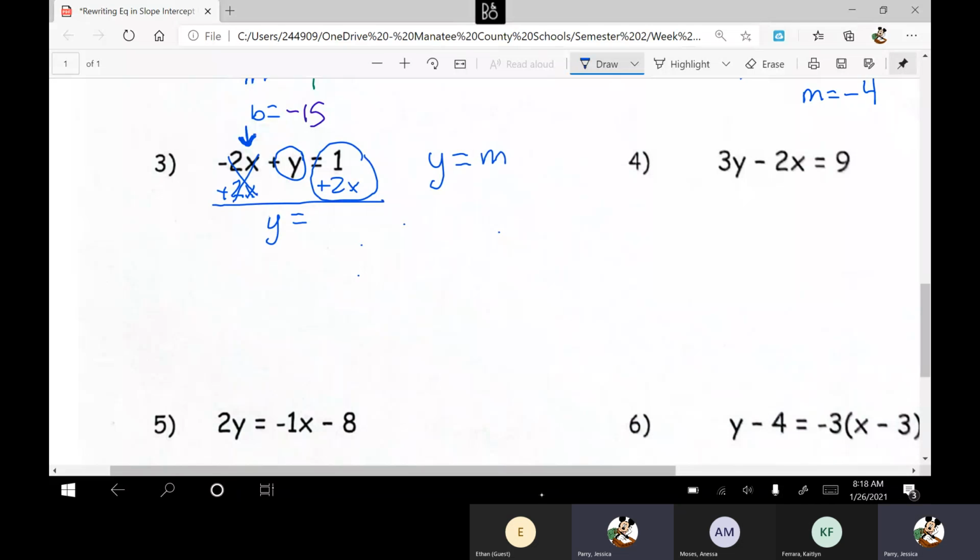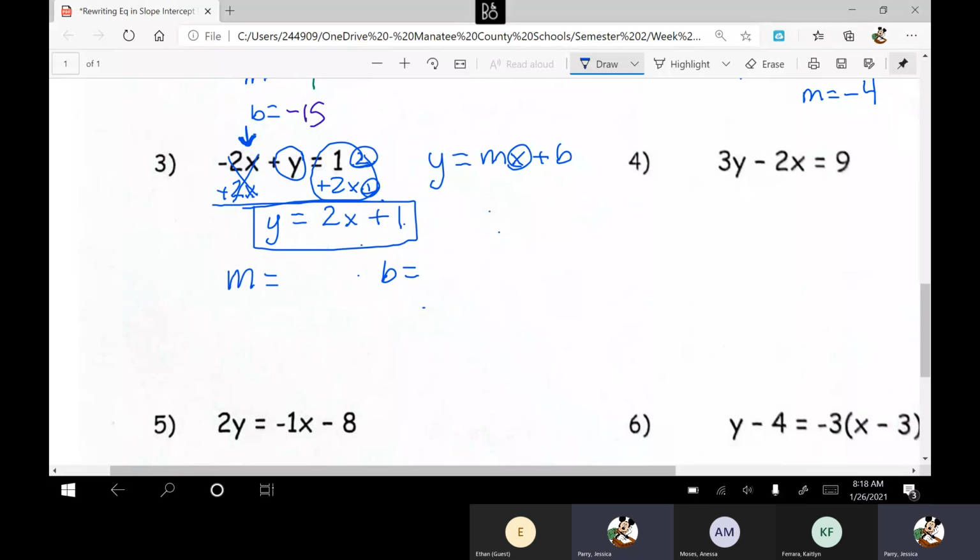Remember, we're writing y equals mx plus b. So the one that you're going to write first is the term with the x. So first is the positive 2x, and then we're going to put the positive 1. So when you write them all side by side, we have y equals 2x plus 1. Now it's in slope-intercept form.